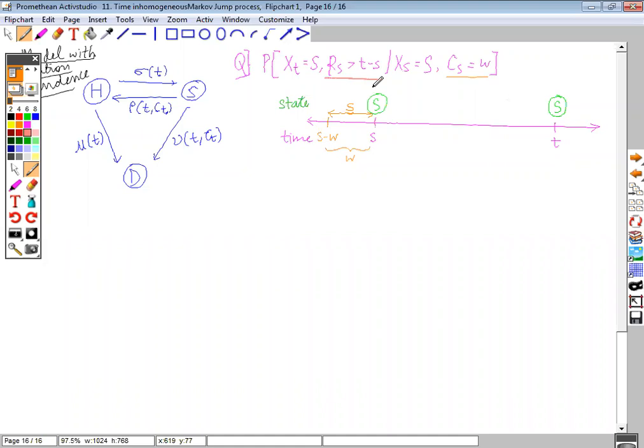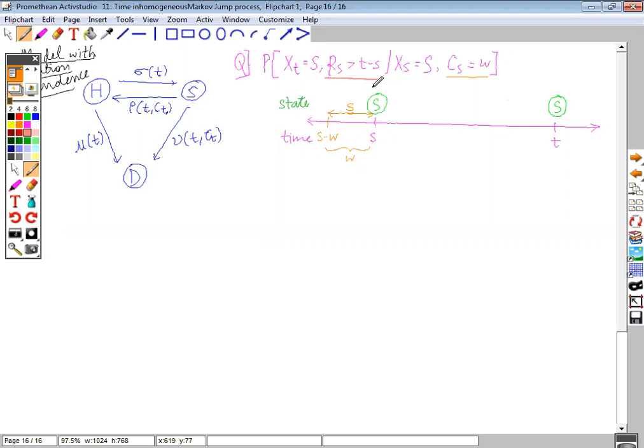Can you guys guess? What possibly could be the meaning of RS being greater than T minus S? So we know RS is the residual holding time. Does it mean that for at least T minus S duration, it remains in the fixed state?